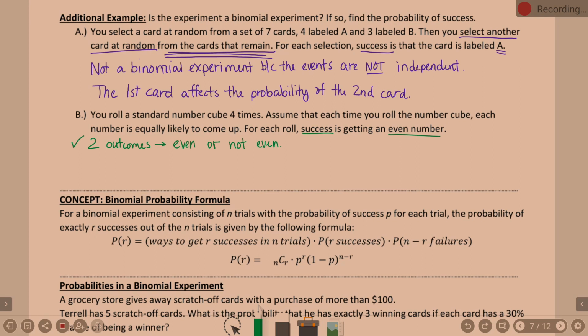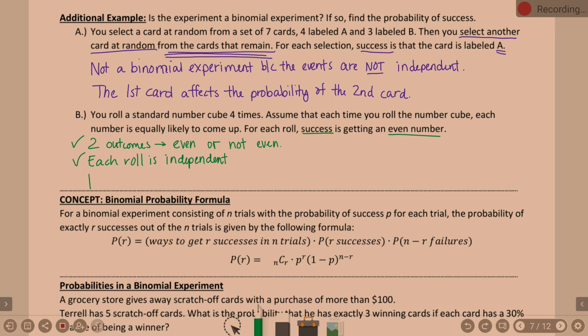Independent. When you roll a standard number cube, does the first roll affect what I get on the second roll? No. And so I'm going to say that each roll is independent. So it meets the independent requirement. And then, again, as I mentioned, it usually goes along with the independence, but is the probability of success the same each time?